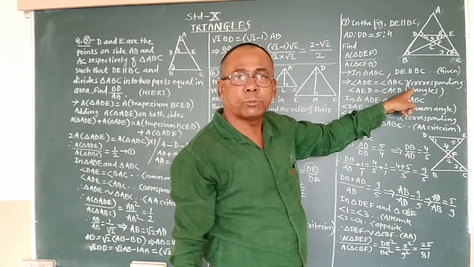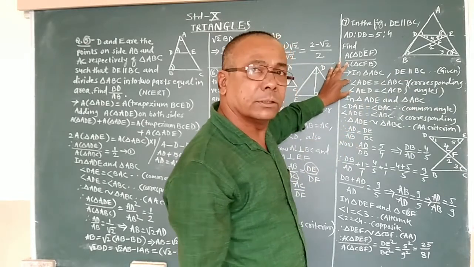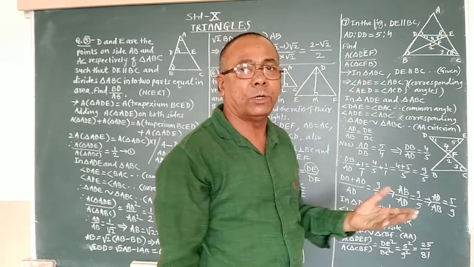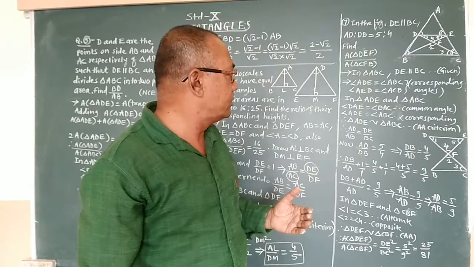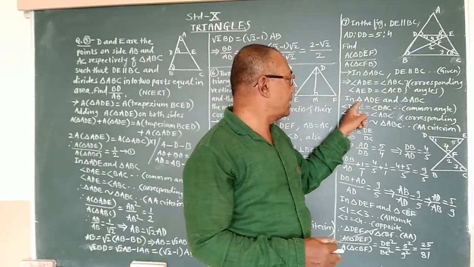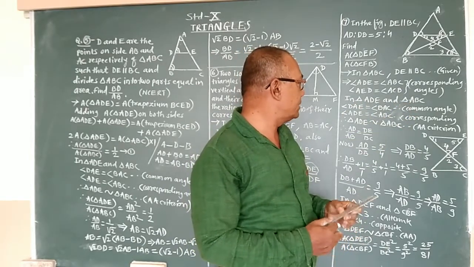These are the corresponding angles, and therefore two angles of one triangle are equal to the corresponding two angles of the another triangle, and in this way by AA criteria we will get that triangle ADE and triangle ABC both are similar here.